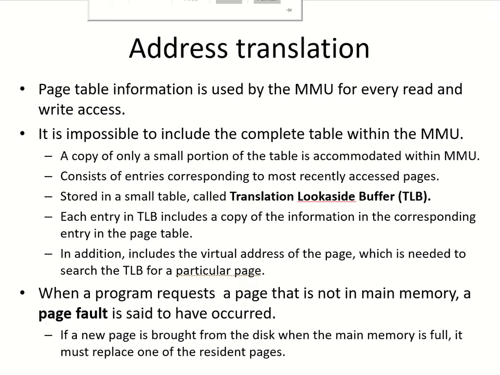To reduce the time, we can keep the table inside the MMU. But now MMU is normally implemented as a chip on the processor. So it is not possible to include the complete table within the MMU because the table is very large. So only a very small portion of the table is kept inside the MMU.